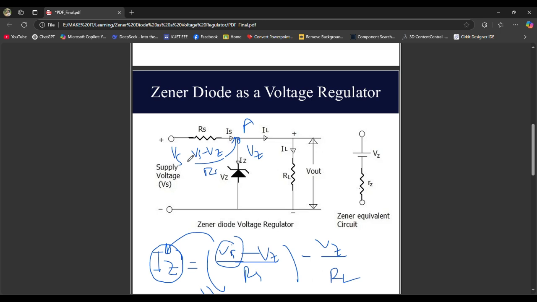If you know the range of the supply voltage and the range of the load variation, then you can make a safe operation of this voltage regulator, and you will be able to know the safe operation of the voltage regulator device.